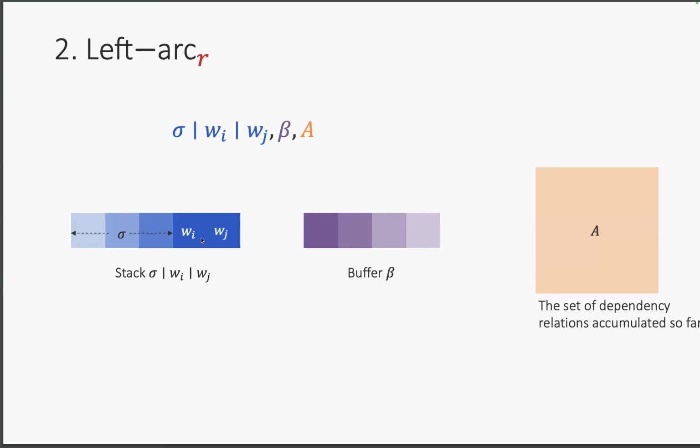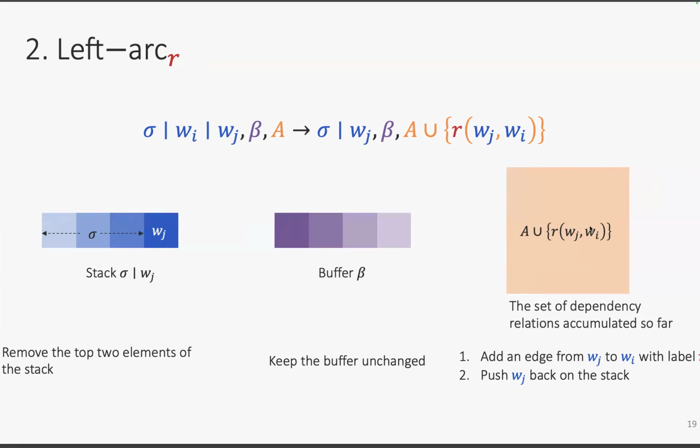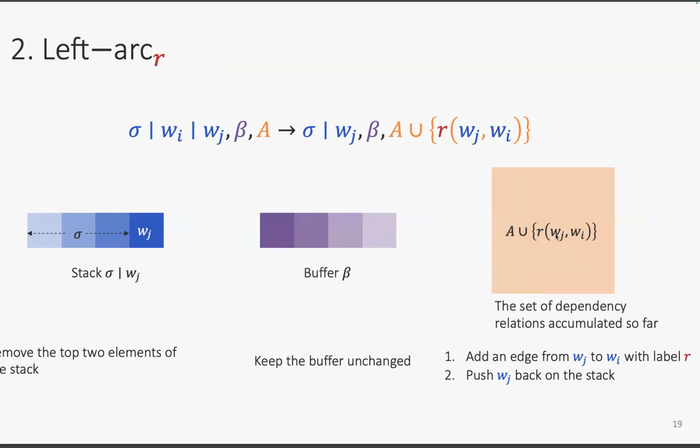And if we do that, we have placed the left arc because it's going from wj to wi, so to the left. And we are going to then save wj in our stack. It's going to still be there, but wi is going to disappear. So basically wi, wj is just replaced with wj. And we are going to record that relationship in our set of dependency relationships. Notice here how the order is wj and then wi.